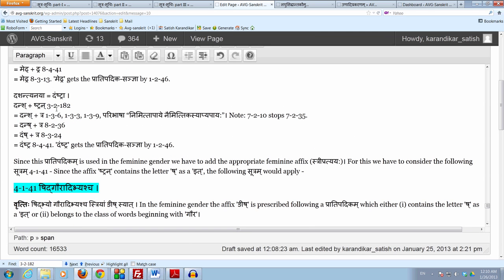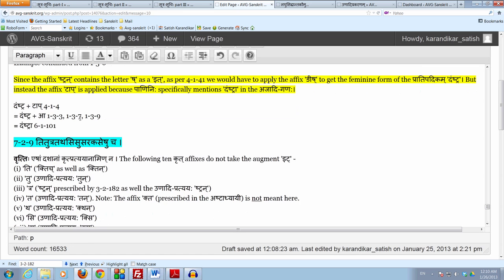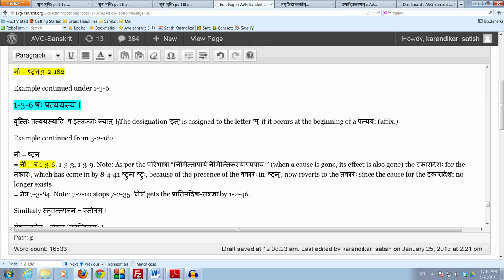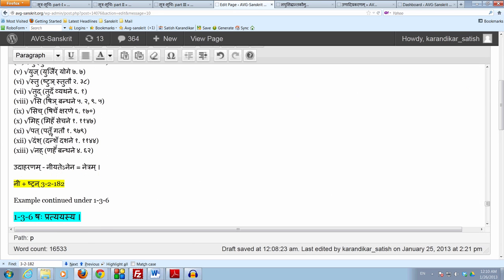So even though Panini mentions dasha in this sutram, it refers to this dhatu damsha, and it does not signal the elision of the nasal when strun is added. Okay, now the last verbal root in this list is nah, which is naha bandhane from the divadiganaha.